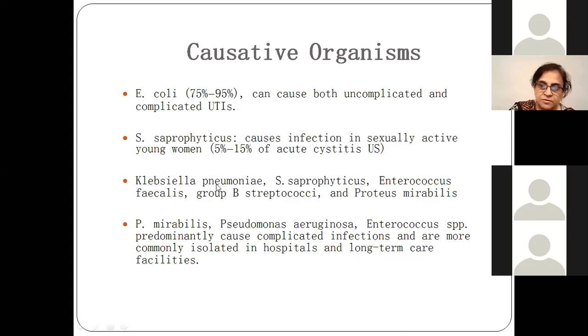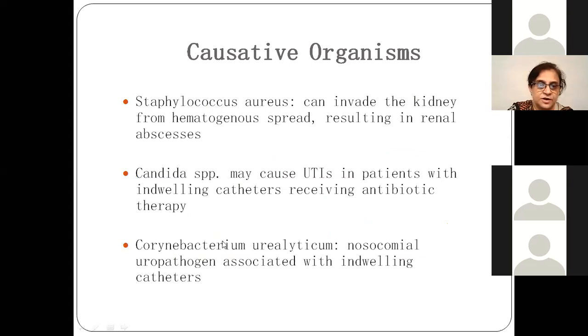Klebsiella pneumoniae, Staph saprophyticus, group B streptococcus, Proteus mirabilis, Pseudomonas aeruginosa, these organisms can all cause infection of the urinary tract. I just told you the Staph aureus is mostly by hematogenous spread, and that can lead to renal abscess formation.